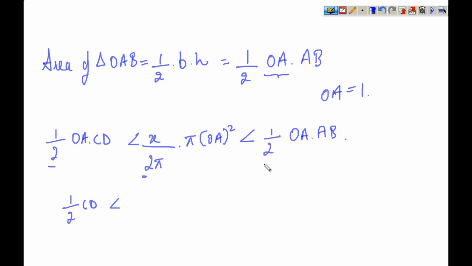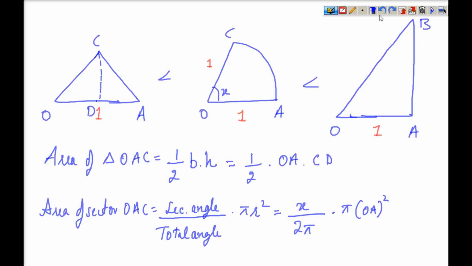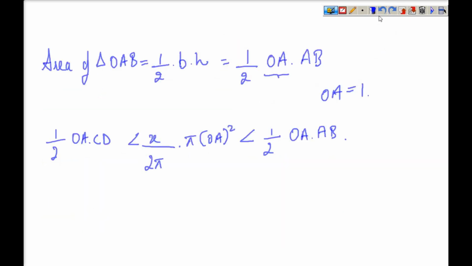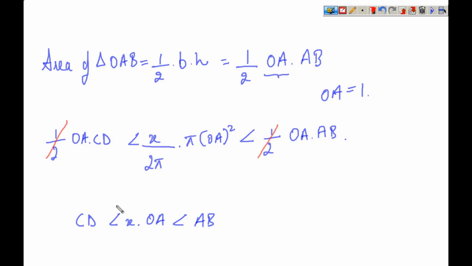Half we can take as common, so it will be CD is less than x times OA is less than AB, because here 1 by 2 is common, and OA is 1. So this will reduce to CD is less than x times OA is less than AB.